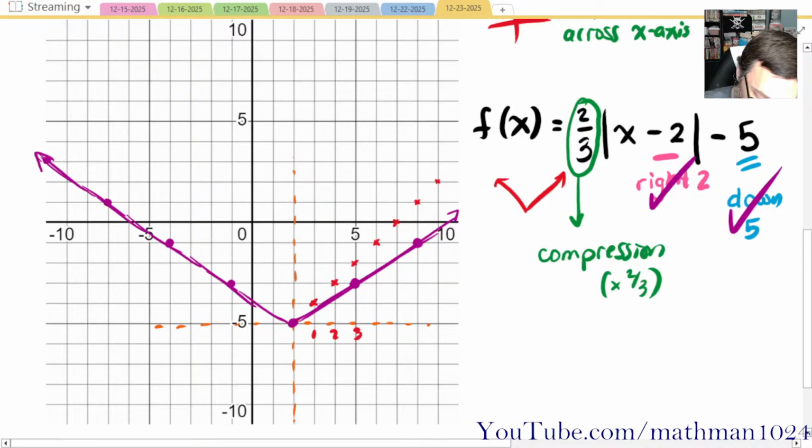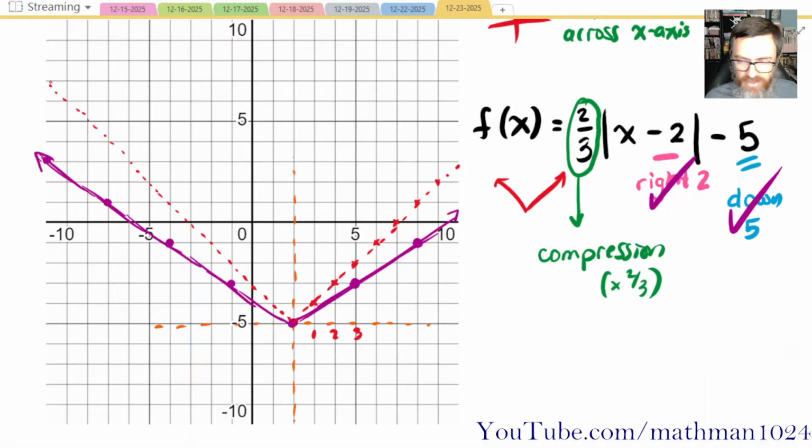So without that 2/3, your graph would have been just a little bit steeper. Again, it's kind of hard to see that unless you make that direct comparison. But the dashed red graph is what it would be without the 2/3. The purple one is with the 2/3.